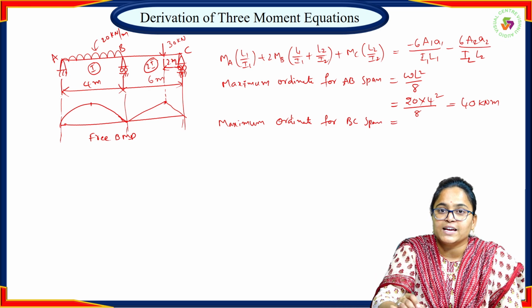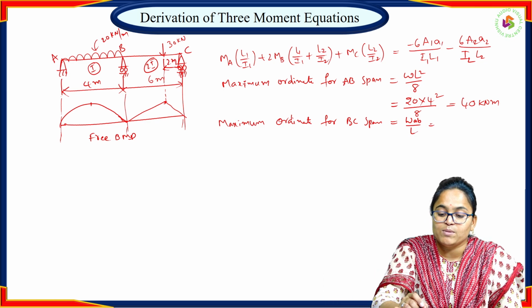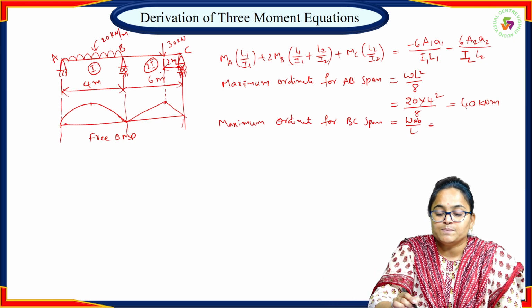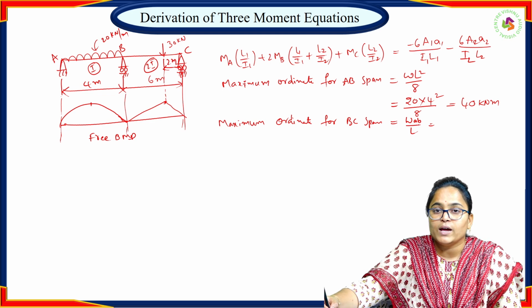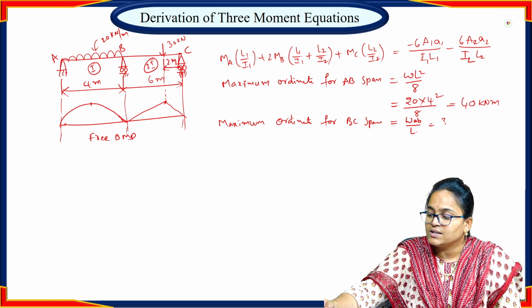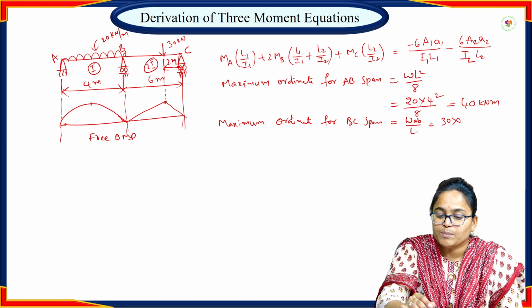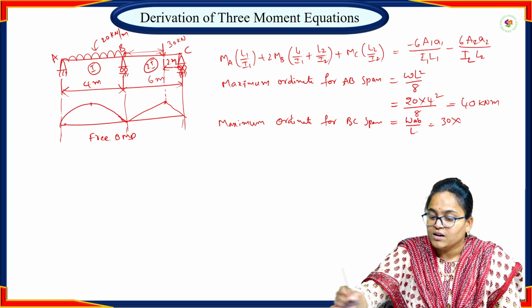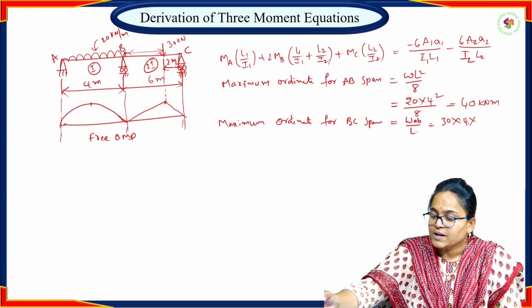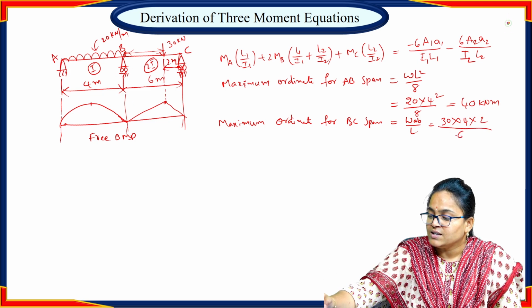This is an eccentric point load. In this case, the maximum ordinate is WAB by L. So a simply supported beam subjected to an eccentric point load, the maximum bending moment value is WAB by L. Now here W is 30, and A means the distance from support B to the concentrated point load, that is 6 minus 2, 4 meters, into B as 2 meters, divided by span of BC as 6 meters.